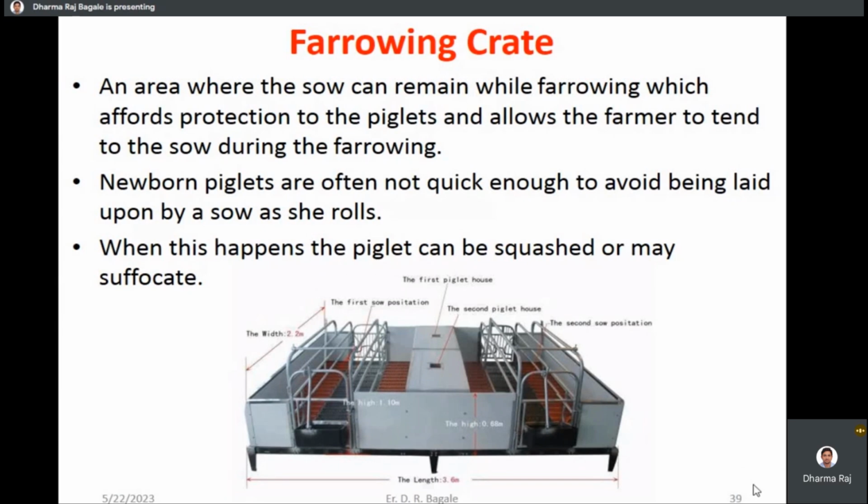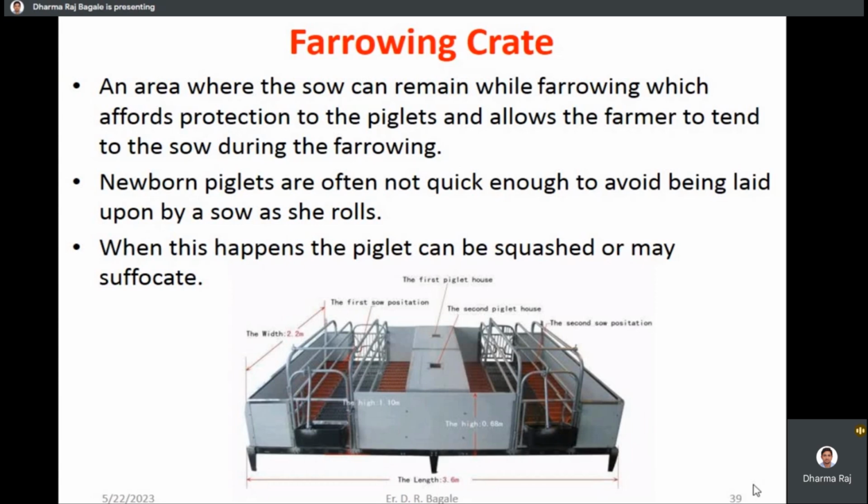Because during farrowing the sow may roll, the young, newborn piglets may not be quick enough to avoid being laid on by their mother, or they may be squashed, or they may die because of this rolling of their mother.